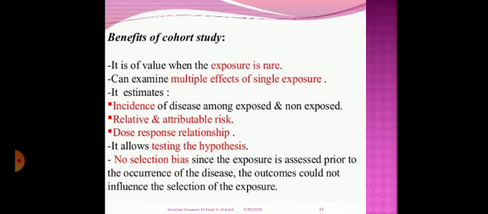There is no selection bias. One of the disadvantages of case control study is the bias, which we are going to discuss later on. But in cohort study, there is no bias in estimation, because we start with people with no disease, and then we measure the outcome, which is different from the case control study.